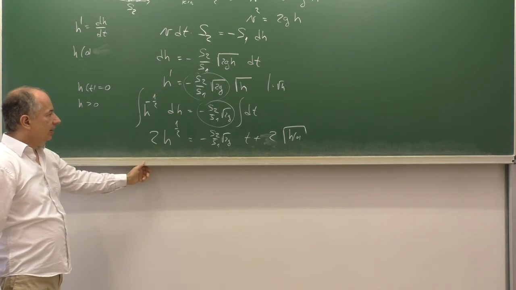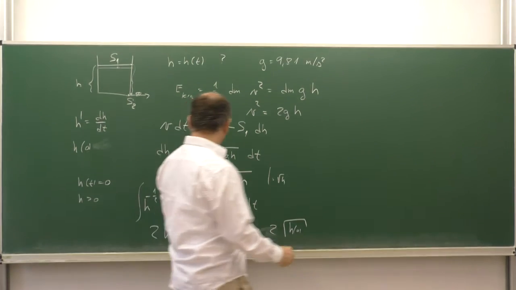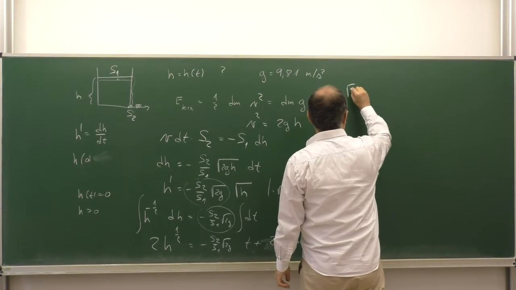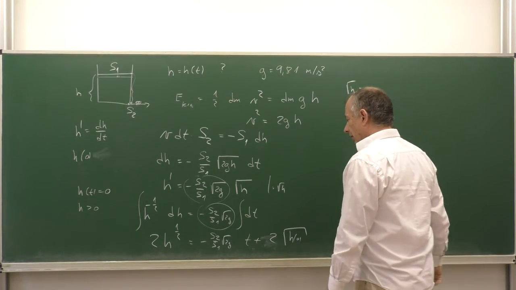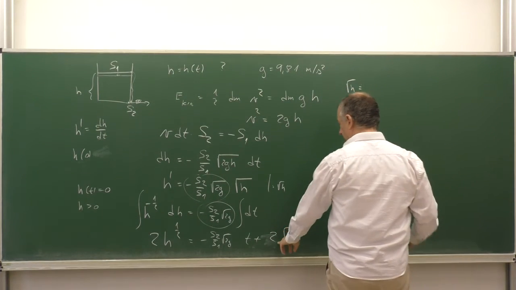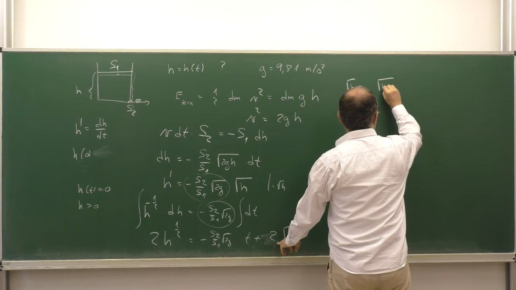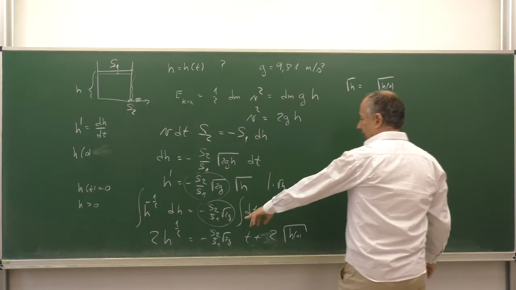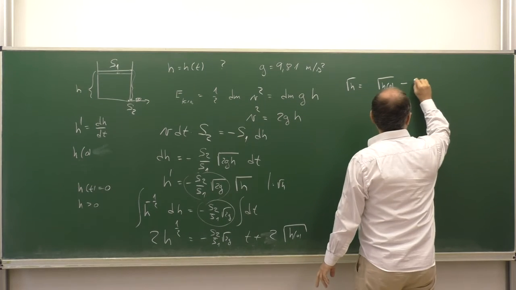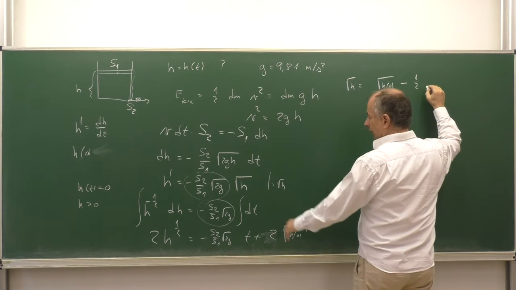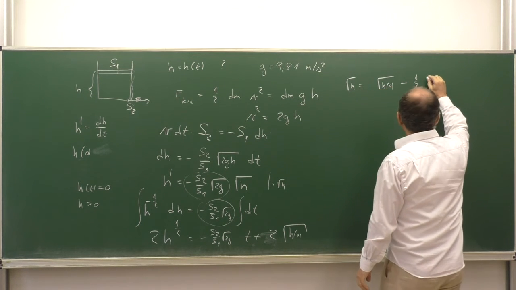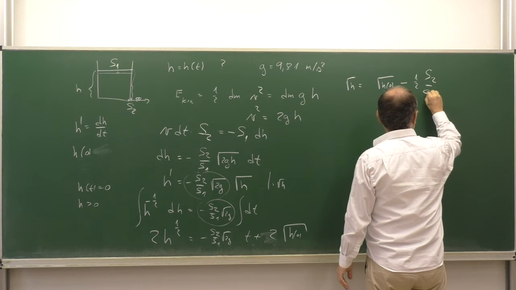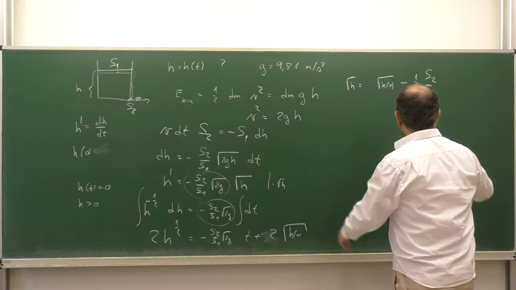Then we can divide by 2, and we have square root of h is, let's start with this one, square root of h at 0 minus 1/2 S2 divided by S1 square root of 2g.